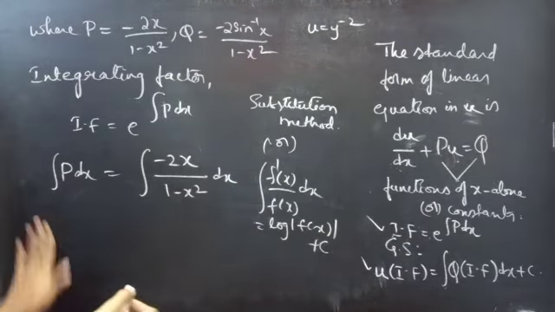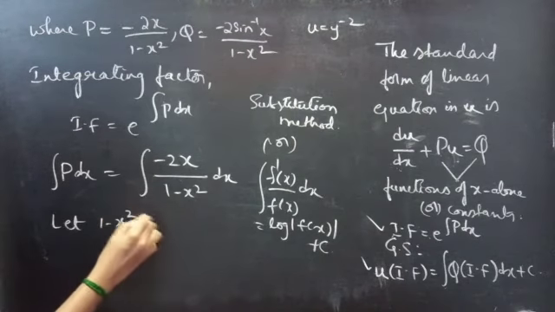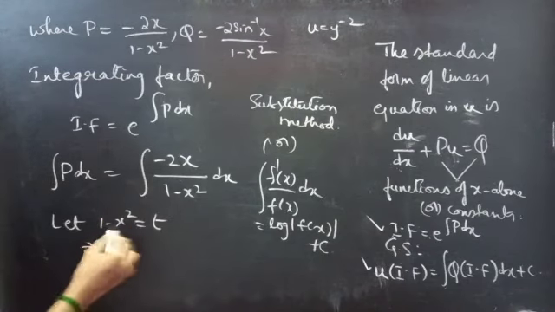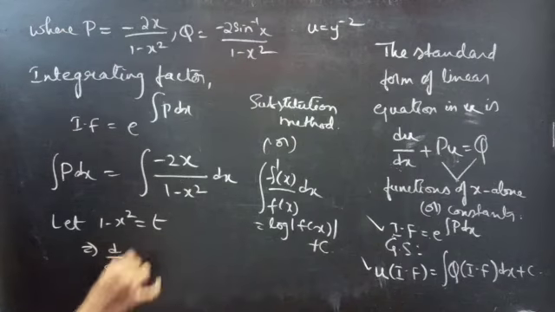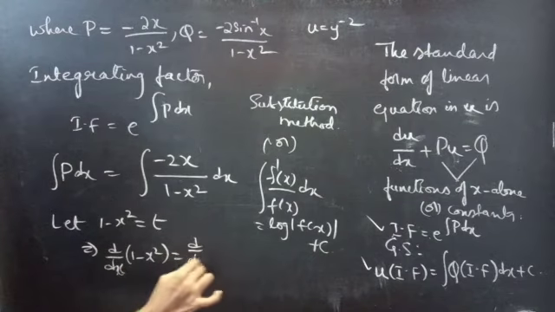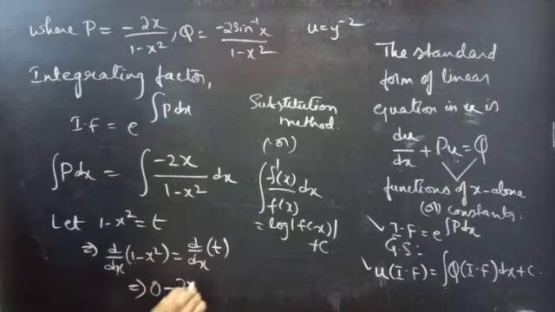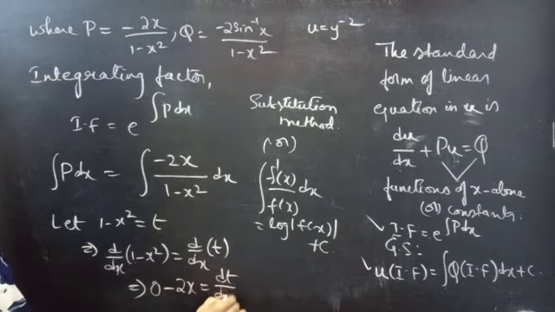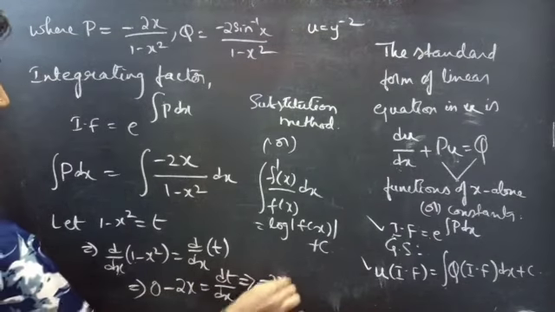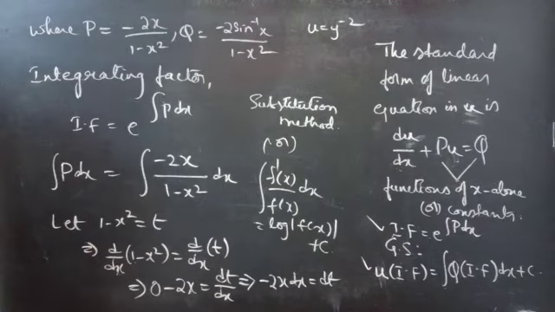Now, let's go for the substitution method. Let 1 minus x square equal t. Now differentiate on both sides with respect to x. Then we'll get the derivative of the constant, which is 0, minus the derivative of x square, which is 2x, equals dt by dx. From this we'll get minus 2x dx equals dt.